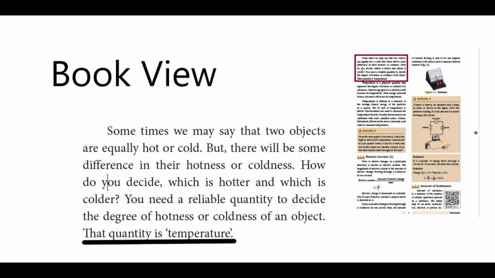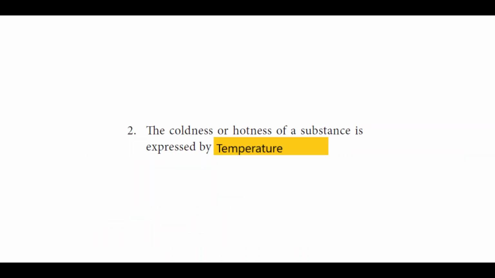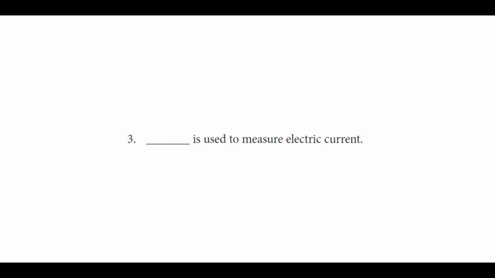From that box, I opened this small view of that. Finally, I showed that in a black line, the quantity is temperature. So the hotness or coldness of a substance is expressed by temperature. That will be the right answer.